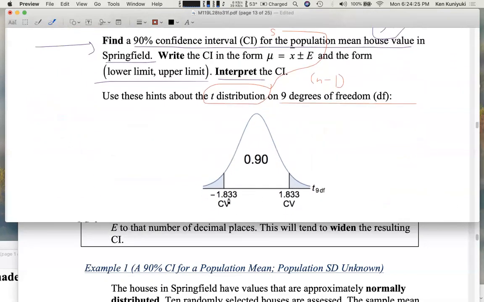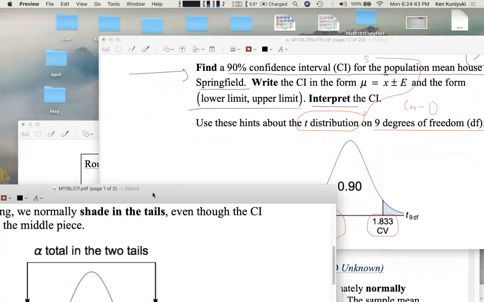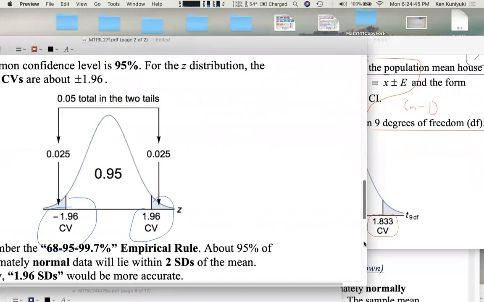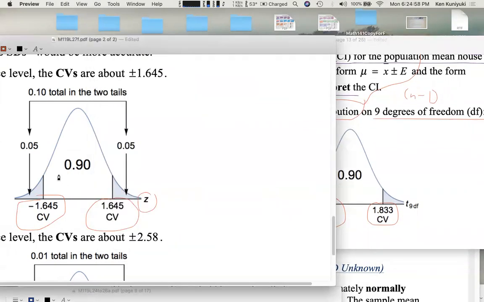You're going to use these hints. Basically, the positive critical value that we're going to plug in from this t distribution on 9 degrees of freedom is going to be 1.833. If you compare this to the corresponding critical value from the z distribution, for a 90% confidence interval, the positive critical value is 1.645. I've got to compare apples to apples.